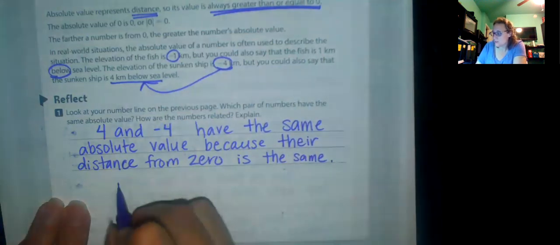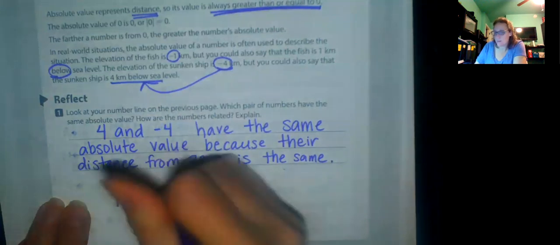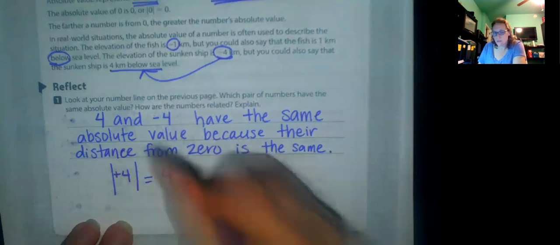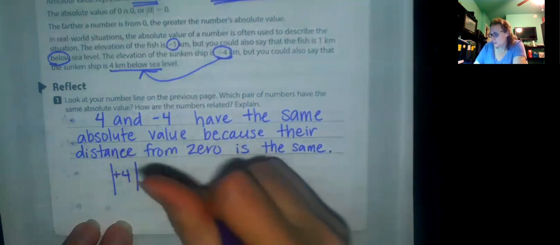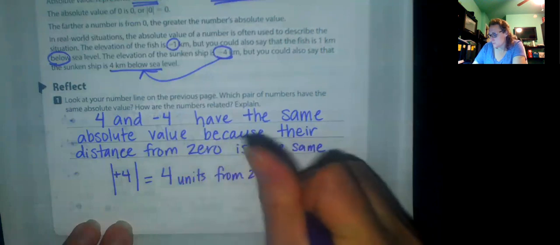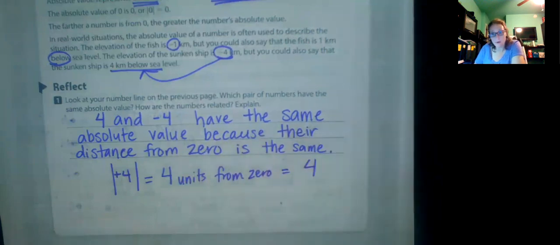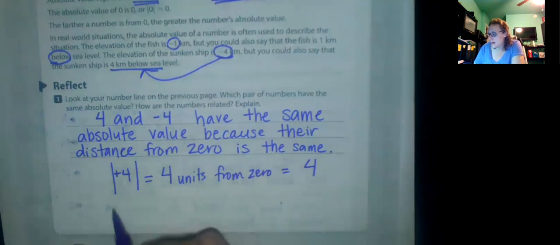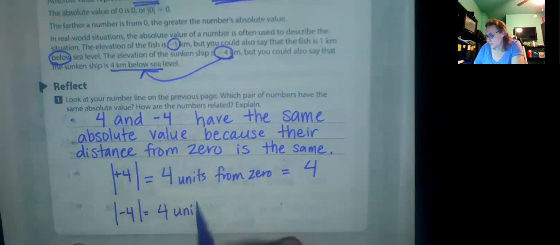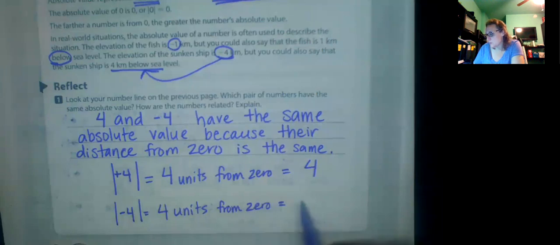So the absolute value of positive 4 is 4 units from 0, which means it's just 4. The absolute value of negative 4 is also 4 units from 0, which means it's still 4.